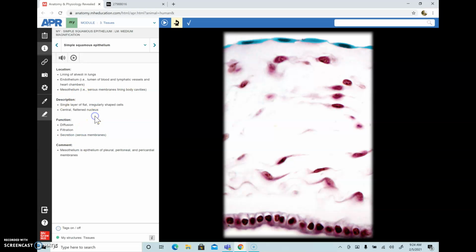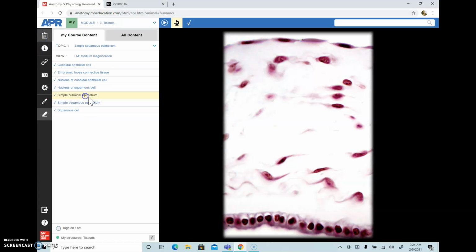Okay. So the next epithelium that you can see in this image is simple cuboidal epithelium. So you can select simple cuboidal epithelium. Simple cuboidal epithelium lines cavities, ducts, and tubules. This type of epithelium is normally arranged in an oval pattern if you look at the ducts and glands and tubules.